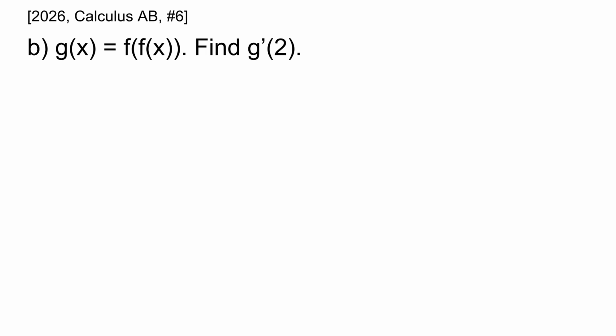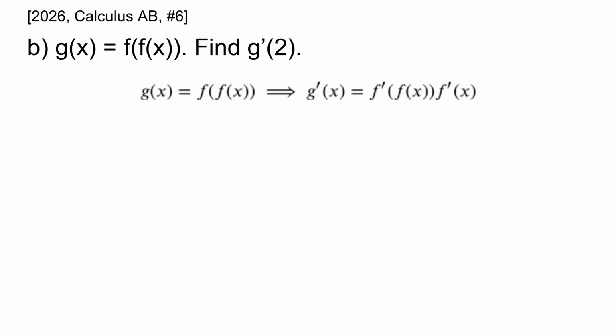In part B of this question, we are defining a second function g of x to equal f of f of x, and we are asked to find g prime of 2. Now, since g of x is defined as a composition, the derivative of g is found using the chain rule. G prime of x is f prime of f of x times f prime of x.